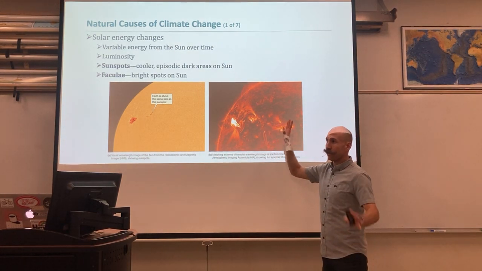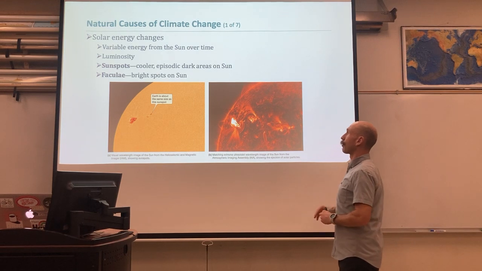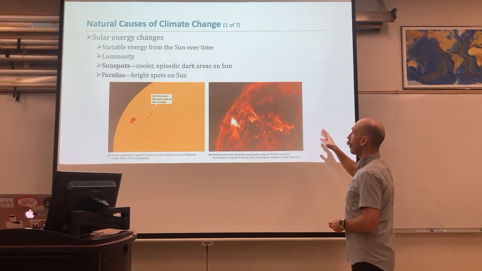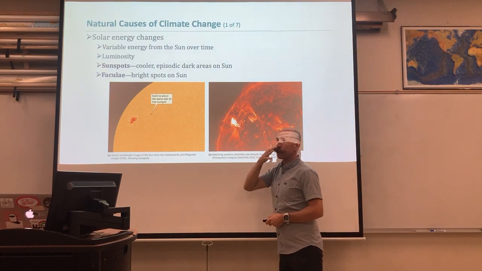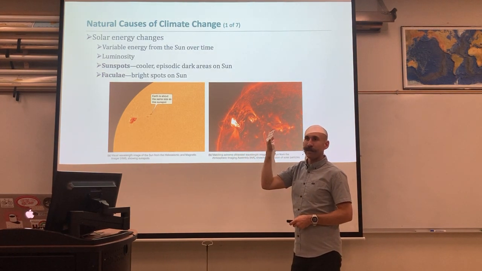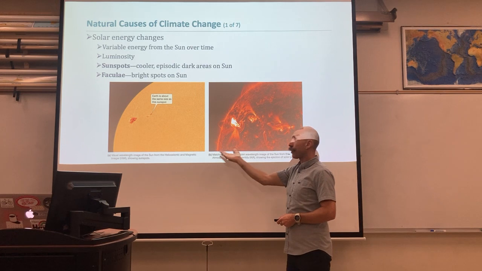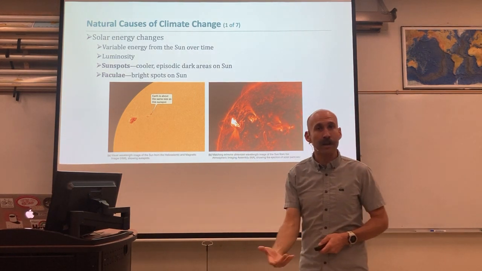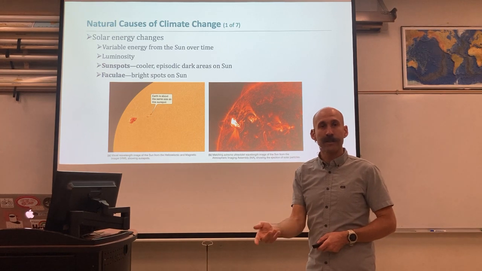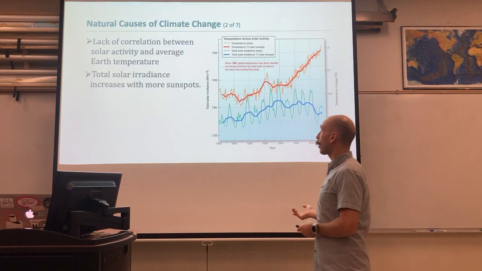The sun is super hot. It's really real hot. I wouldn't want to go visit there. And so because solar energy changes, is it possible that the amount of energy radiating to Earth has also changed, and that is what's causing our current trends of global warming?